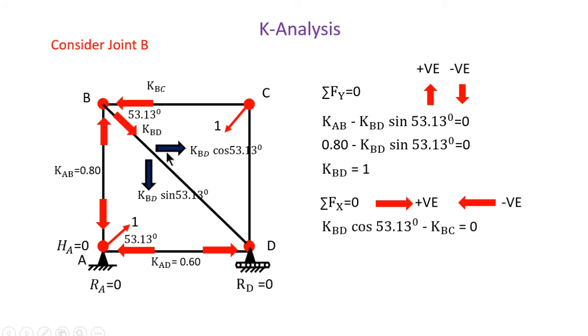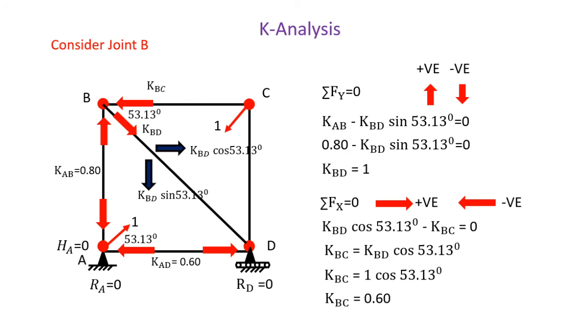So we can say that here the KBD horizontal component is towards the right, that is why it's a plus, and KBC is towards the left, that is why it's a minus. So KBC is equal to KBD cos 53.13, and we know KBD is equal to 1. So put here KBD is equal to 1 cos 53.13. So we got here KBC is equal to 0.6.